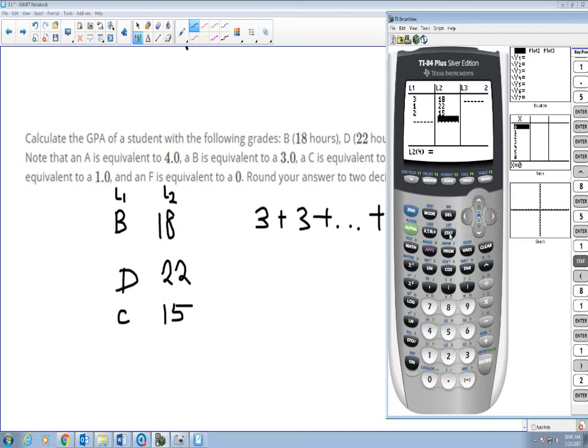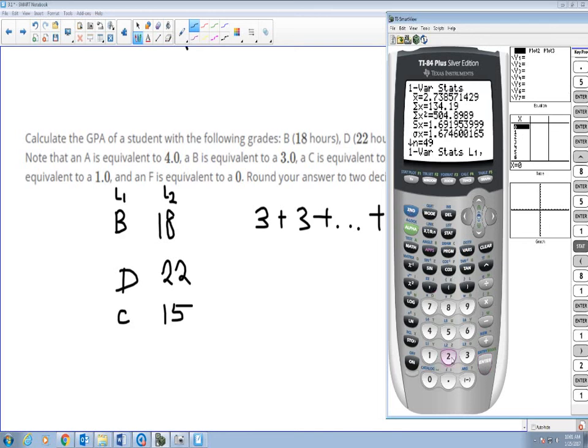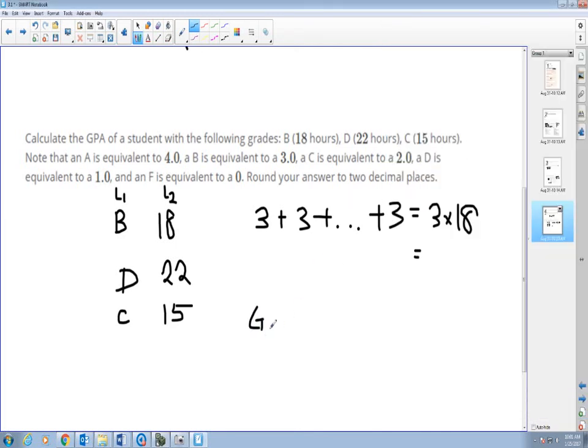I know mathematically, if we do it by hand, it doesn't really make a difference, but in the calculator, it actually does. Otherwise, it throws you off slightly. So second L1, comma, second L2. So my GPA is only 1.93. Round to the nearest 100th.